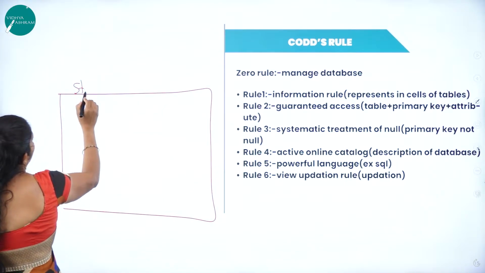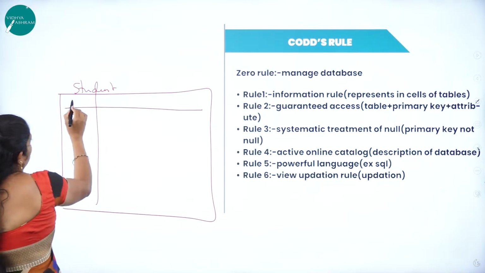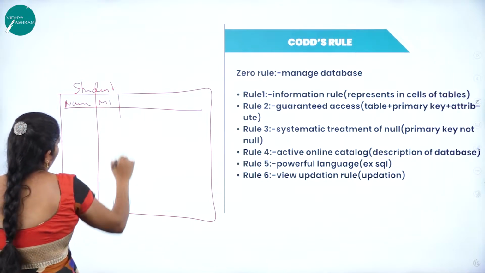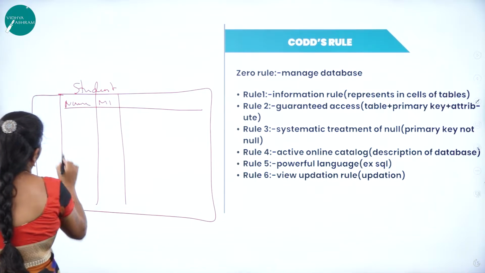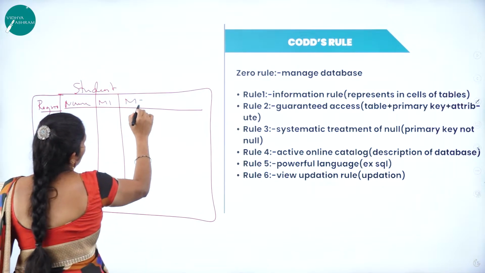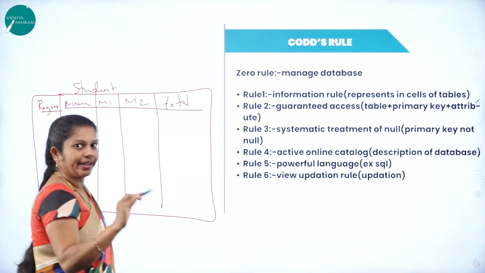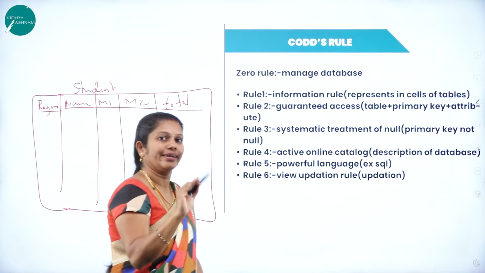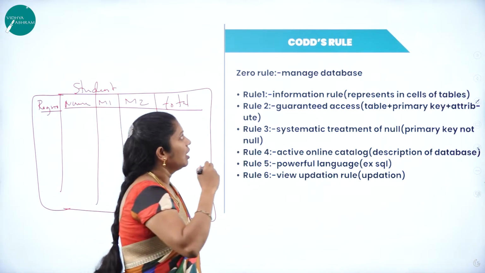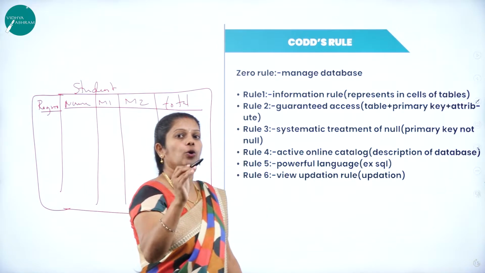In this student database, I have the student name, marks 1, as well as one more column, register number, marks 2, then for example total. If I want to create any table, then you have to follow some rules and regulations. Those rules and regulations are designed by Codd. That's why these rules are called Codd's rules.